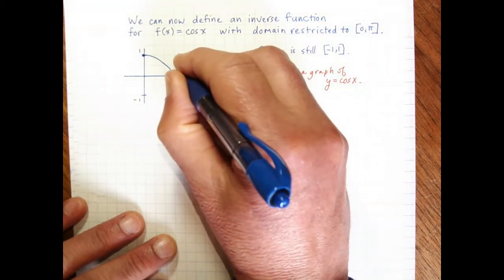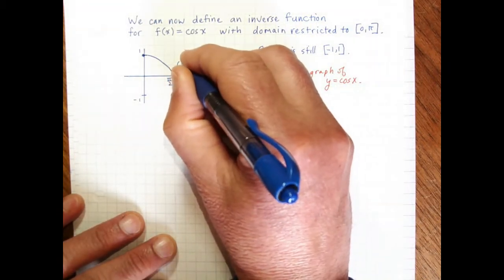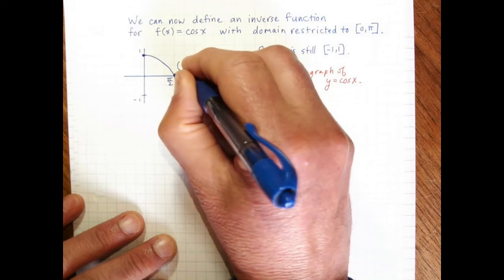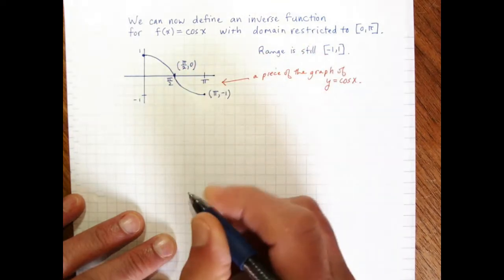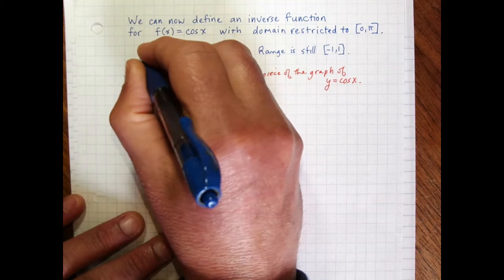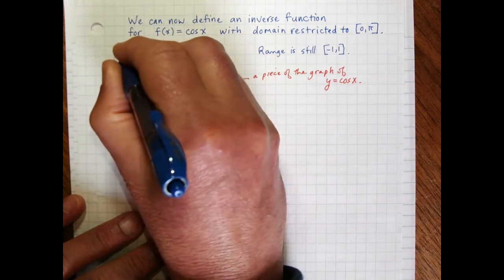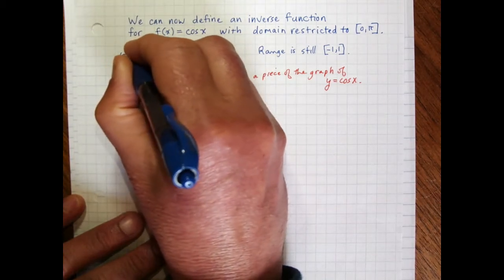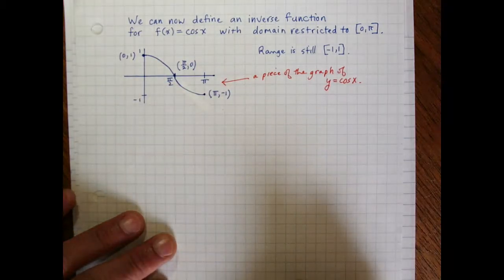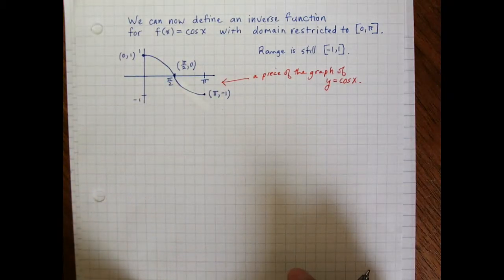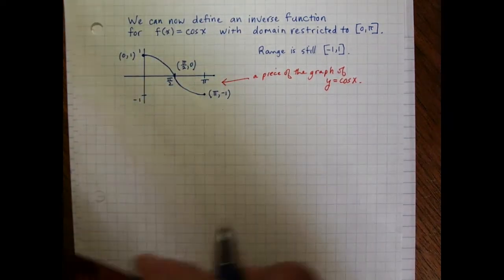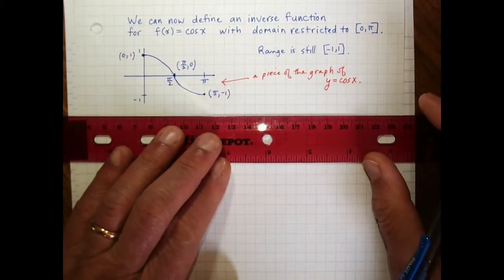This point right here, if I label both coordinates, that's pi over 2 comma 0. The y-coordinate is 0. And then this y-intercept point is 0 comma 1, right? X is 0, y is 1. Those are 3 points that we have in our graph.